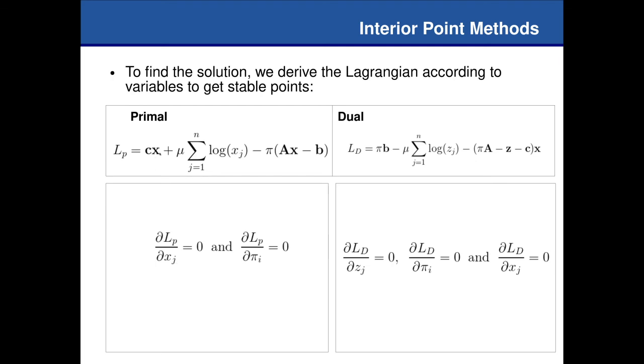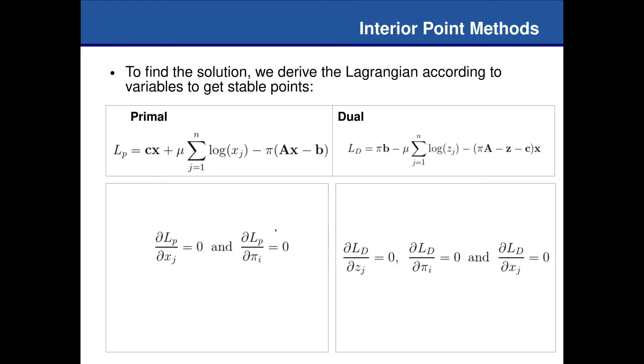When I differentiate in terms of x, let's consider we have x1, x2, x3, and x4, or in a general way, xj. So differentiating this Lagrangian in terms of a given xj, I will find some solution for this differentiation equal to 0, and then I will differentiate this again in terms of pi, for a given pi i, and make it equal 0.